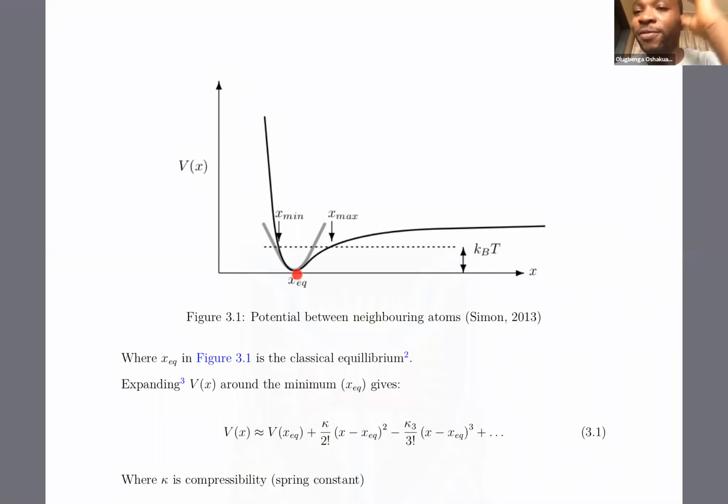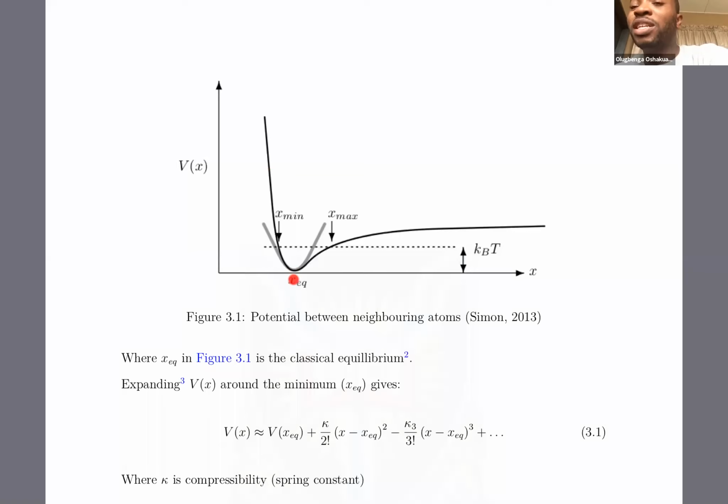Because like I've always said, nature favors lower energy states. So at the lowest energy state here, this is the minimum potential you can have for two atoms.